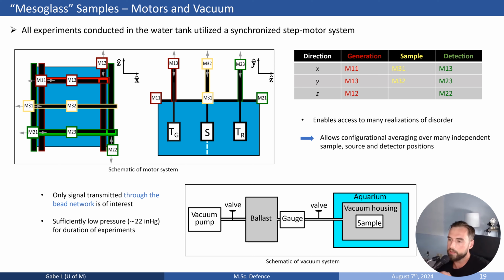In addition, since we're only interested in the signal that interacts with the bead network, we must maintain a sufficiently low pressure inside of the vacuum housing during the entirety of the experiments. And here's a schematic of the vacuum system.